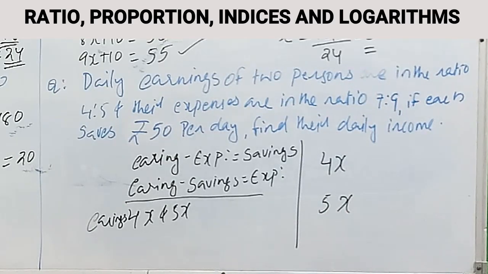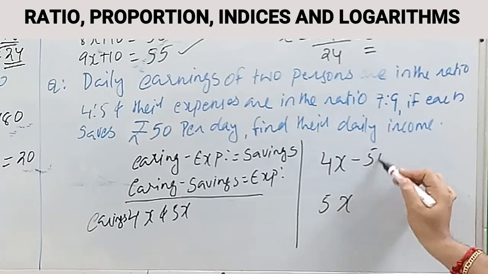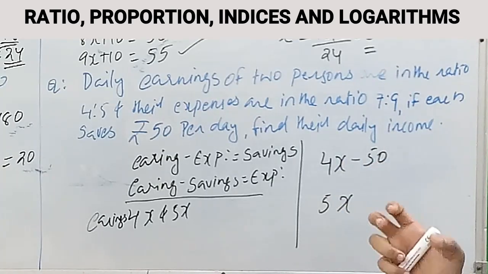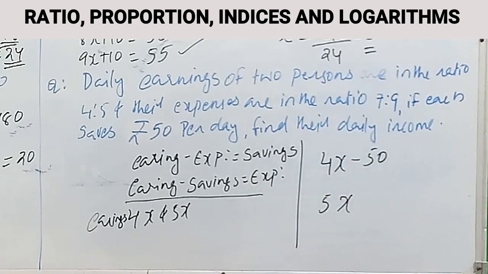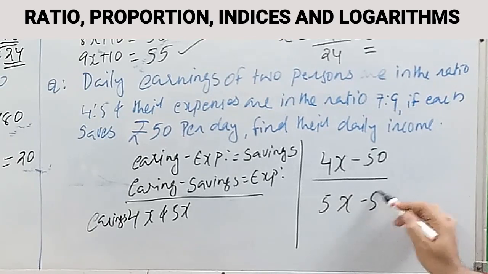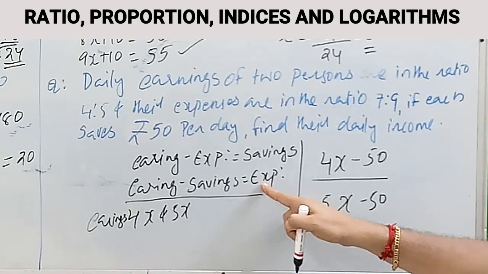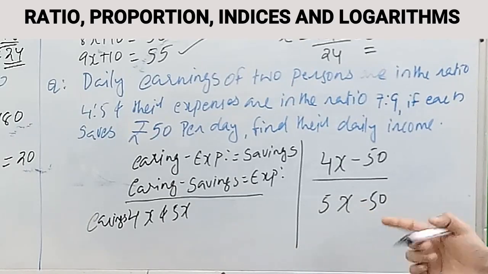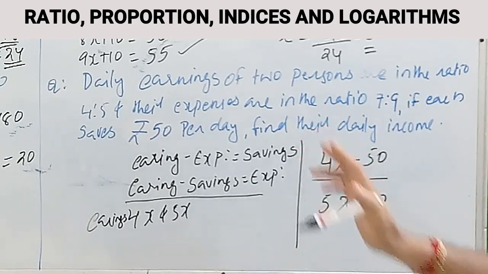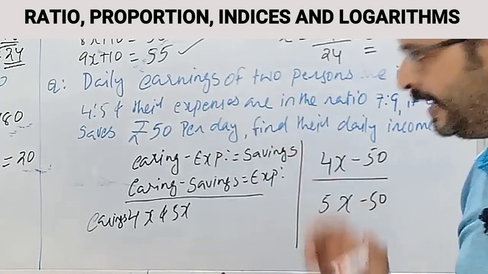If we deduct their daily savings, 4x minus 50, we will get the expenses of first person, and 5x minus 50 means expenses of second person. 4x minus 50 divided by 5x minus 50 means the ratio of expenses of 2 persons.